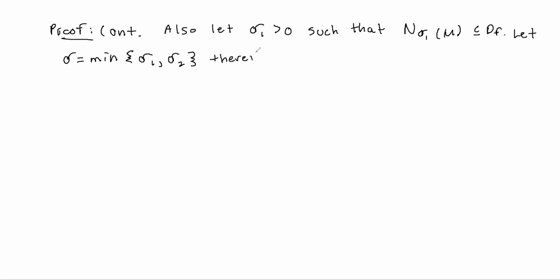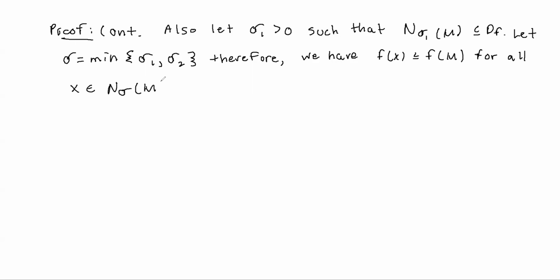Therefore, we have f of x less than or equal to f of mu for all x in the delta neighborhood of mu, since the delta neighborhood of mu is in the domain of f, and every element in the delta neighborhood has f of x less than or equal to f of mu.